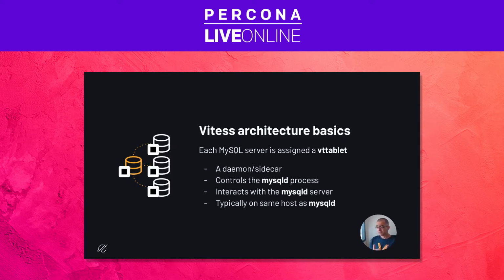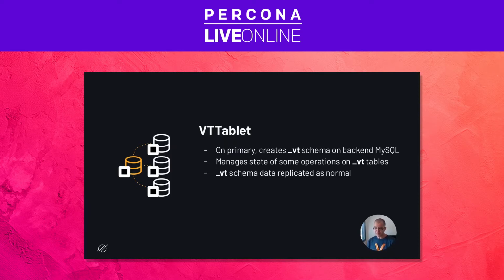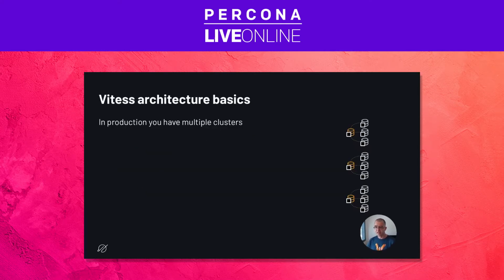It communicates with the MySQL server and can control the daemon. So it can take a backup or it can run a query on the MySQL server. And it also maintains some private state by creating a schema called _vt and populating some tables within that schema, and that's going to be very useful to our discussion today.